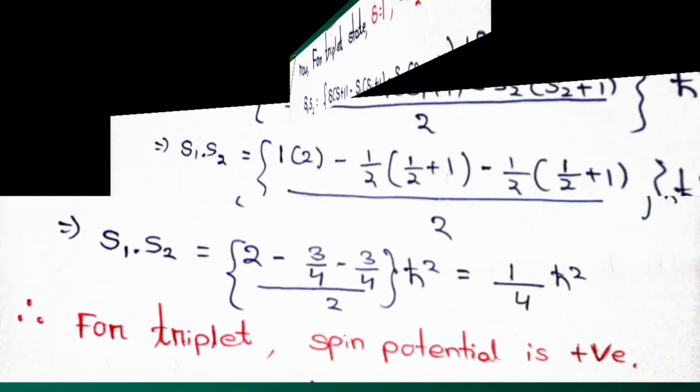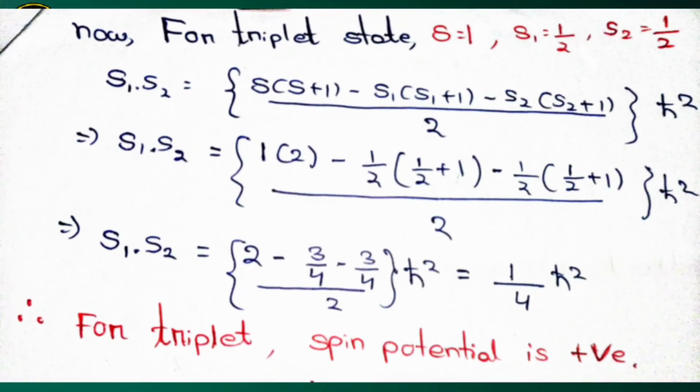Now let us calculate the spin interaction potential for the triplet state. We know that for a triplet state the value of spin S is equal to 1, and for nucleons it is half and half, so S1 equals half and S2 equals half.